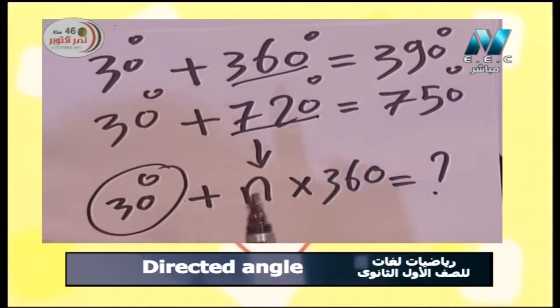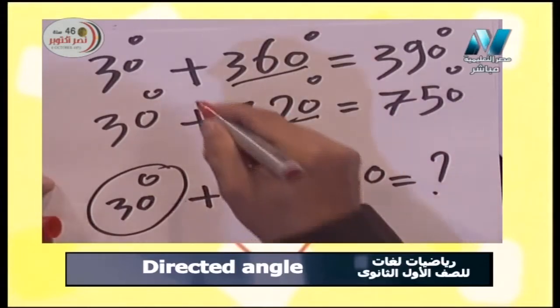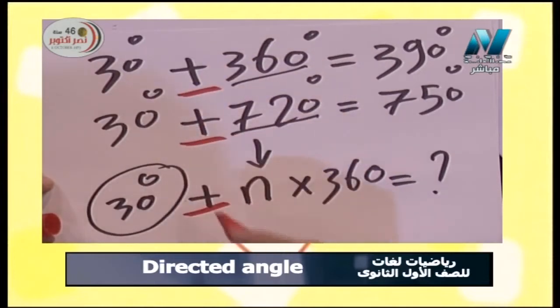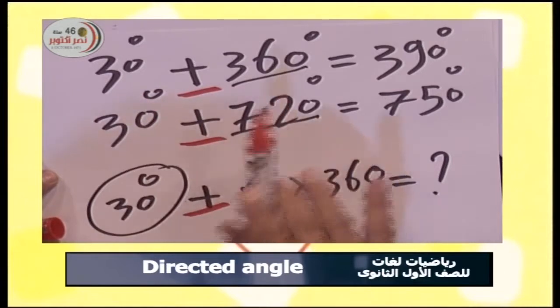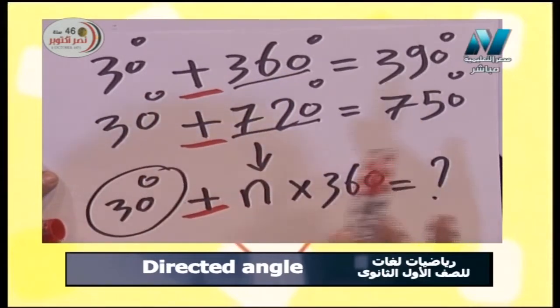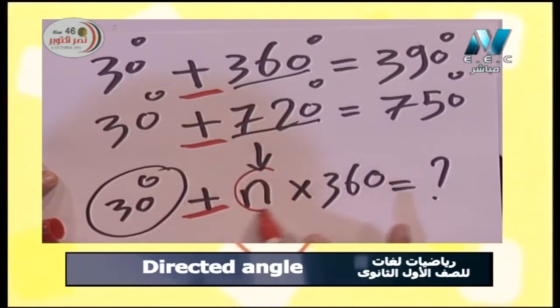And if you want the negative angles, we can add a minus here: 30 plus negative 360, or 30 plus negative 720, or any negative multiple.